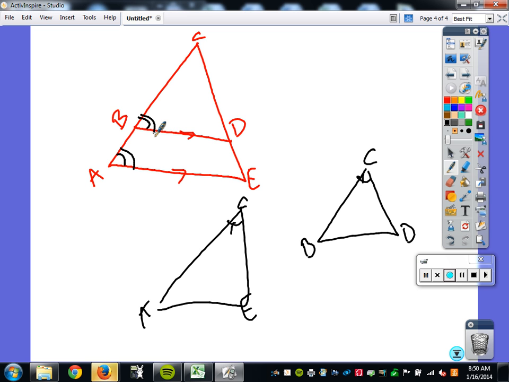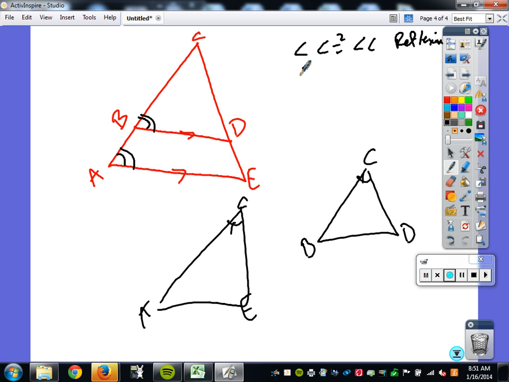We are doing little proofs. Have you guys ever heard of proofs before? Okay? You cannot say something is true unless you know it's true by a reason. I can't say angle C is congruent to angle C unless I have a theorem behind it, such as the reflexive property. Like this angle C is congruent to angle C by reflexive. Okay?